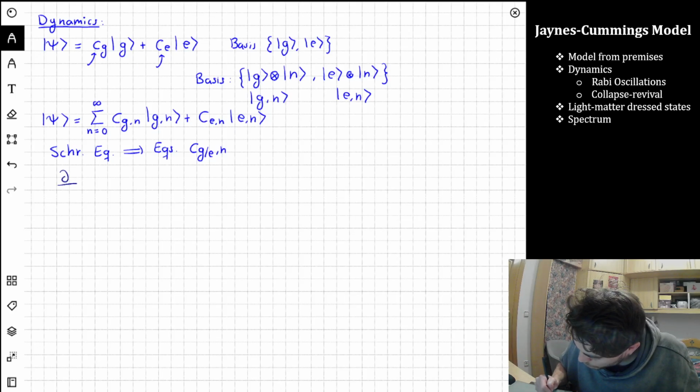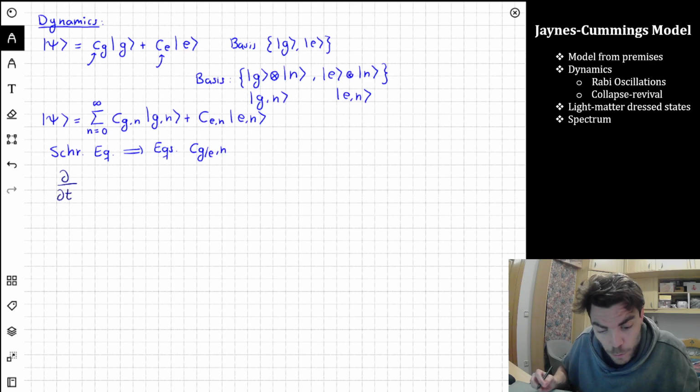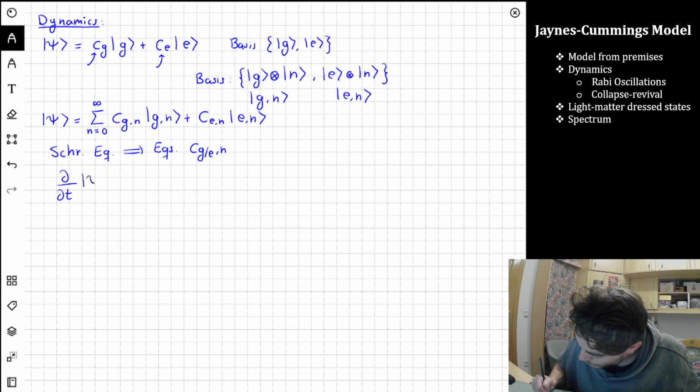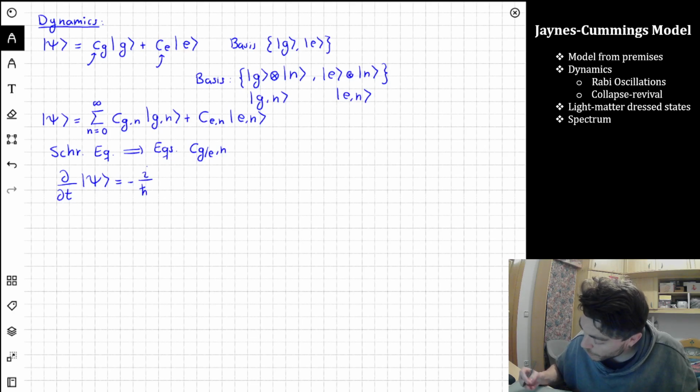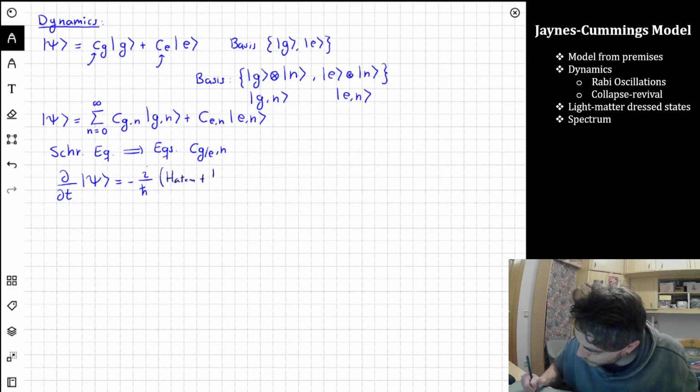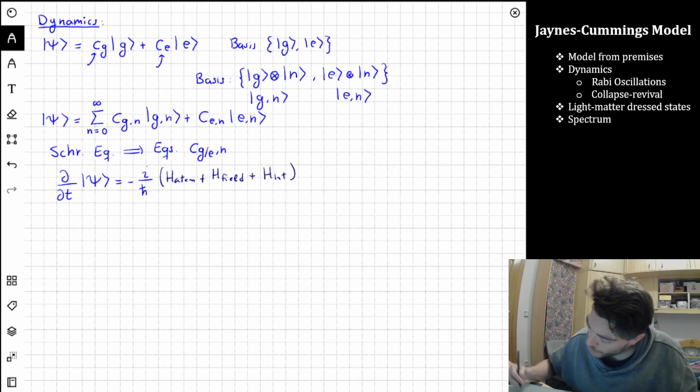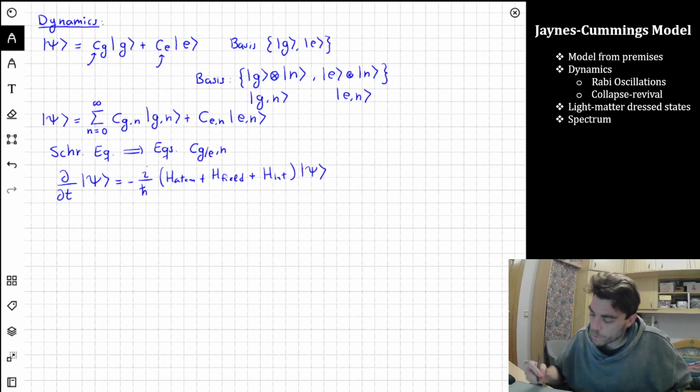The Schrödinger equation is the partial derivative with respect to t of psi equals minus i over h bar times the Hamiltonian. The Jaynes-Cummings Hamiltonian is the Hamiltonian of the atom plus the Hamiltonian of the field plus the Hamiltonian of the interaction, applied on the state that we just wrote here.